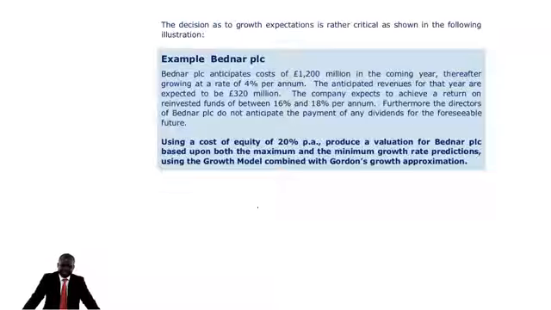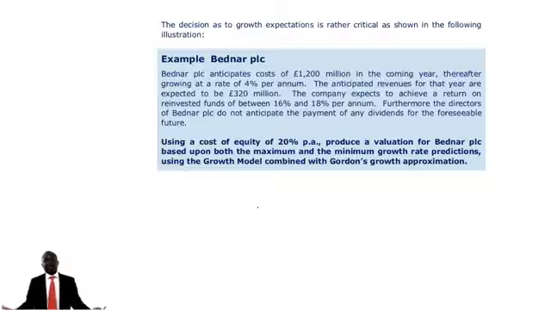Furthermore, the directors of Bednar PLC do not anticipate the payment of any dividend for the foreseeable future. Using a cost of equity of 20% per annum, produce a valuation for Bednar PLC based upon both the maximum and the minimum growth rate predictions using the growth model combined with Gordon's growth approximation.